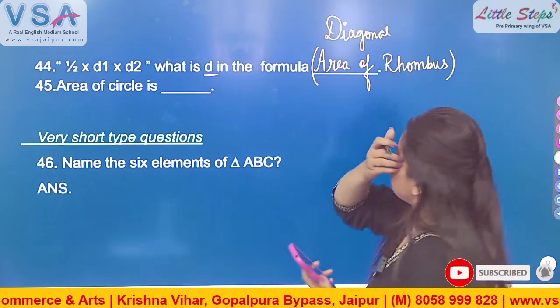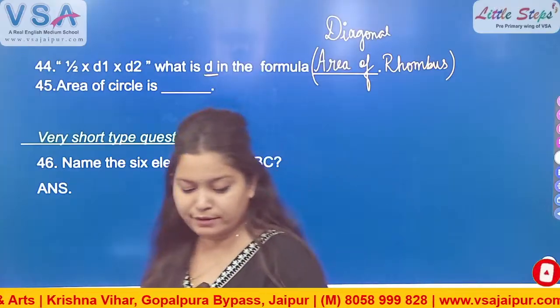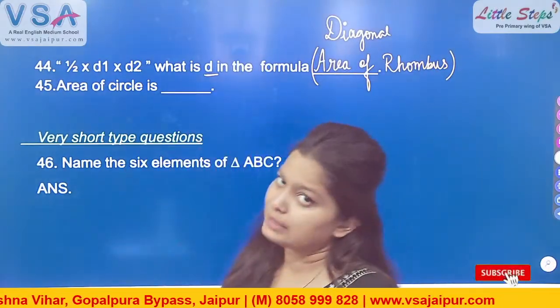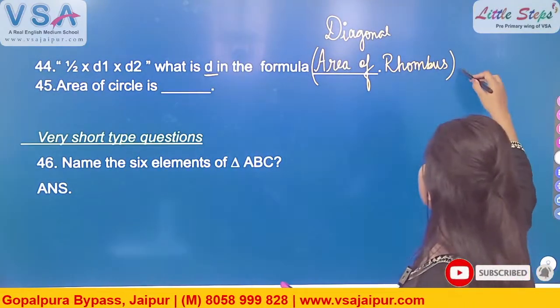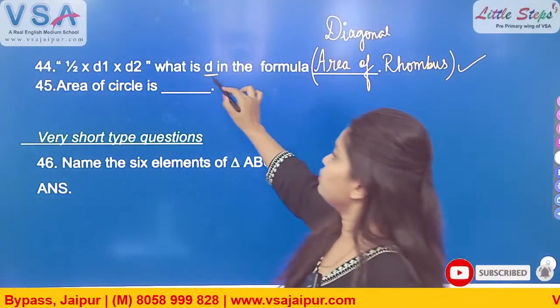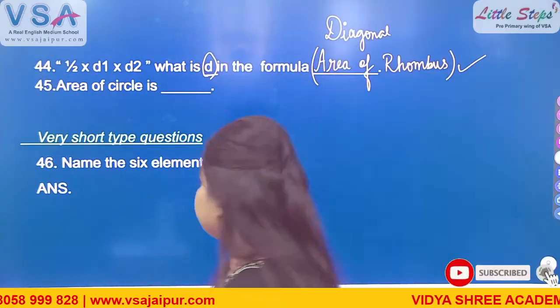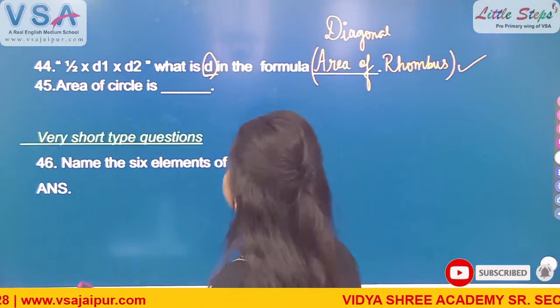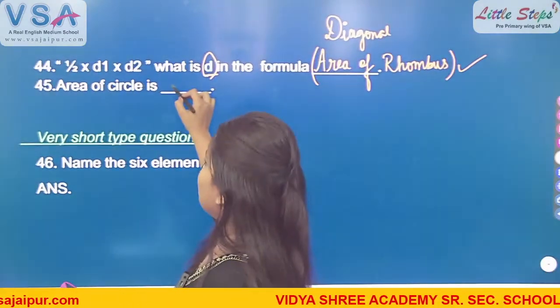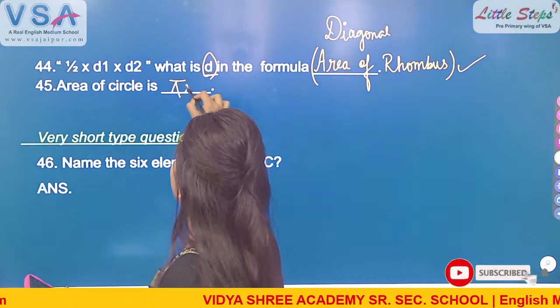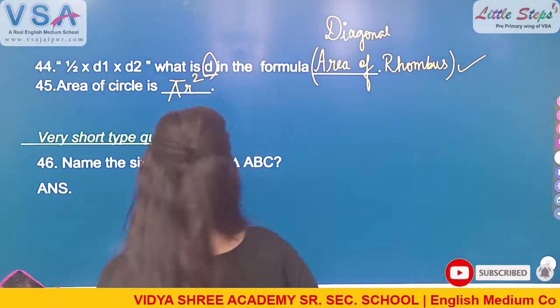If the question is asking you that half into d1 into d2, ये किसका फॉर्मूला है, then you have to write area of rhombus. But the question is asking to you कि d क्या है इसके अंदर फॉर्मूले के अंदर, that d is diagonal. Area of circle, you all know area of circle क्या होता है, pi r square.